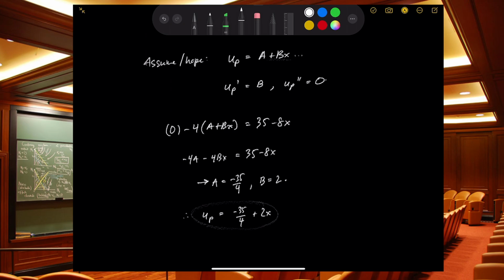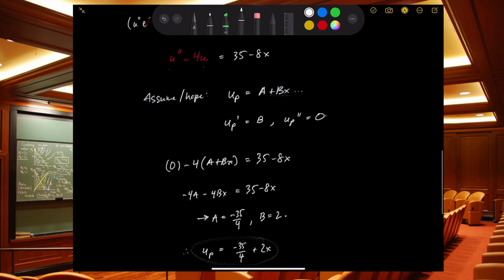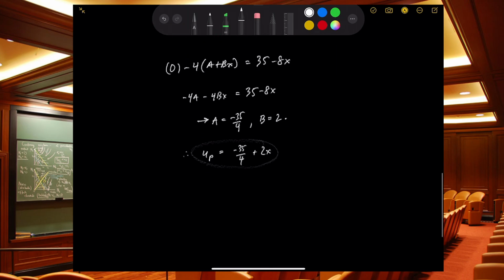All right, so this is our particular u for our y particular. So therefore, y particular, which we said was u times e to the 3x, is of the form e to the 3x times negative 35 over 4 plus 2x. So this is our particular solution.